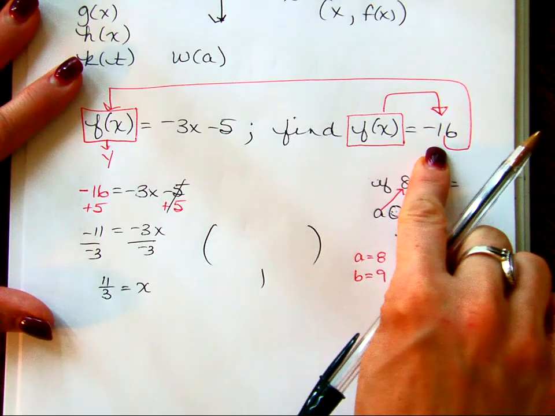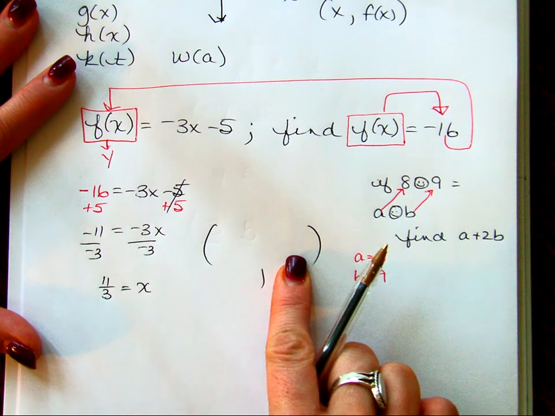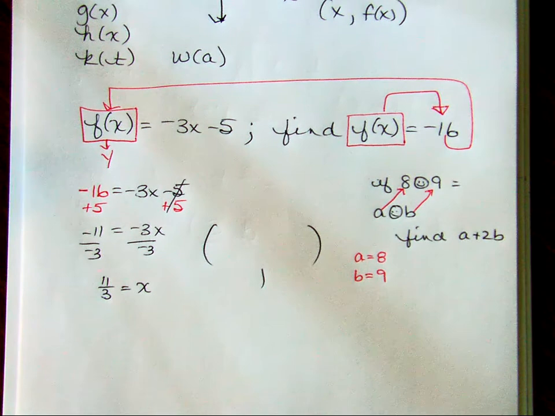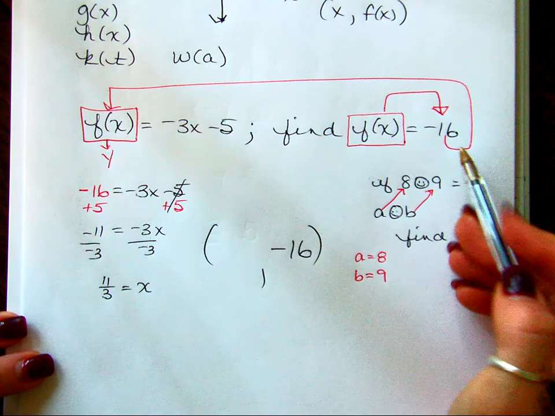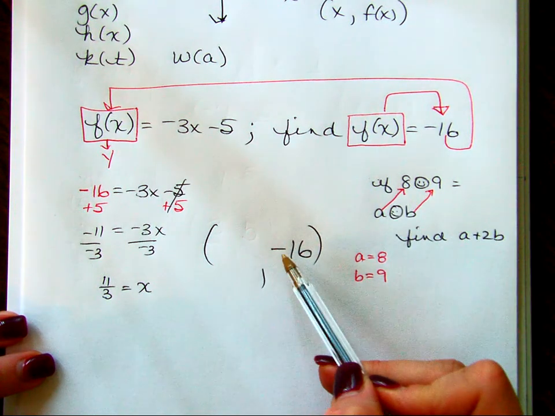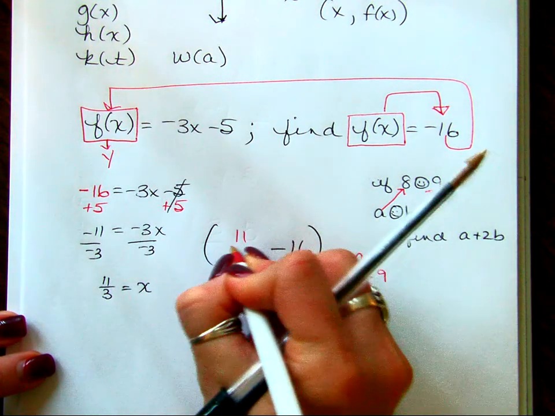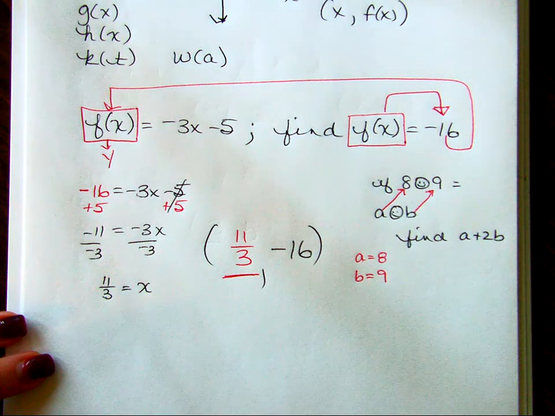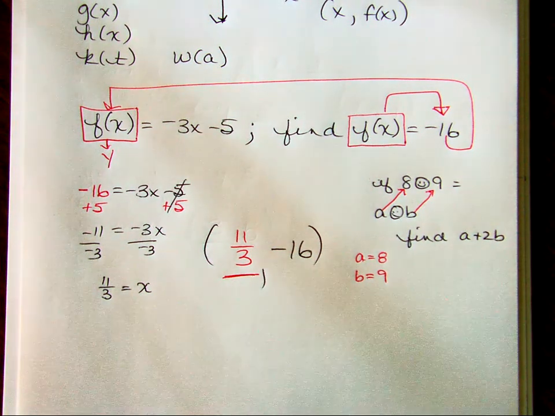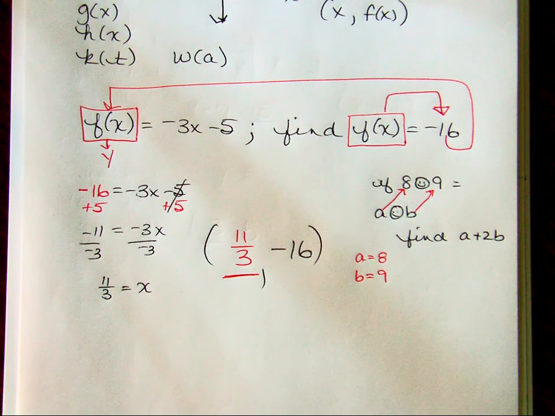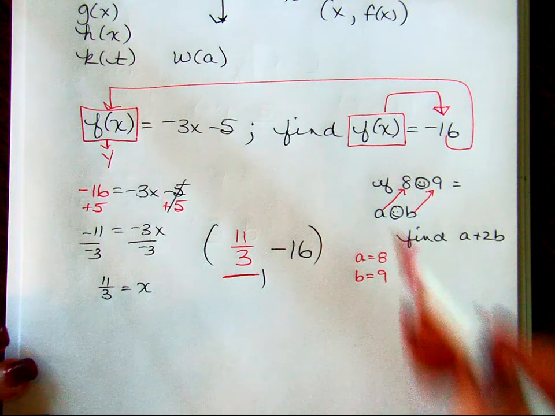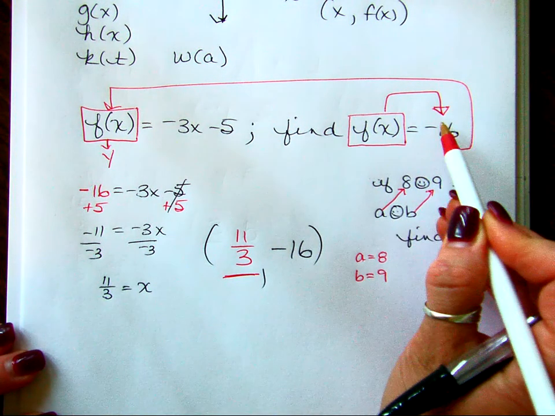Is it negative 16, 11/3 or 11/3, negative 16? The second way, right? The negative 16 was the f of x. That's the spot reserved for it. So this is the answer Mrs. E is really looking for. And to help me out, I'm going to even underline it so she can tell that that's the number that was found. So if f of x is given, then you put it in for f of x.